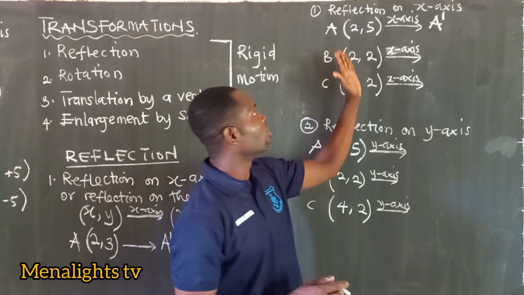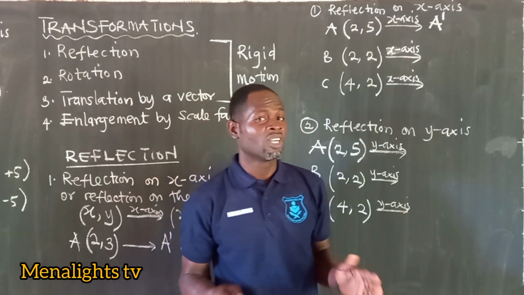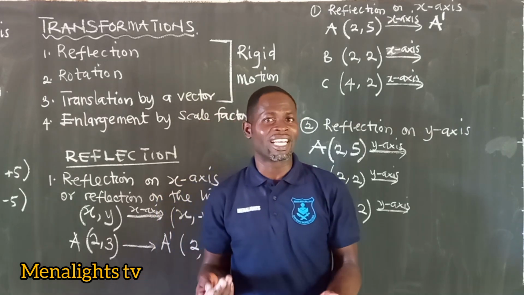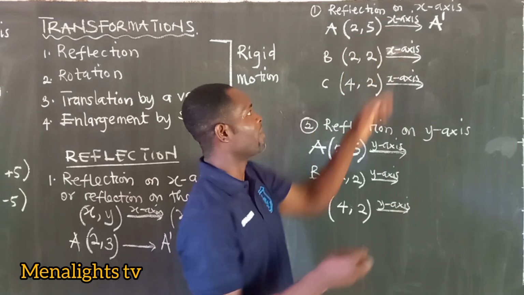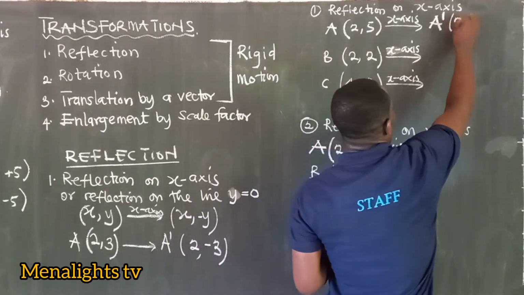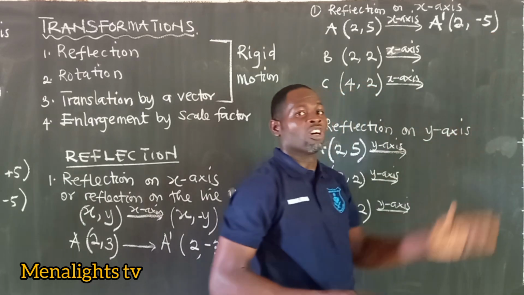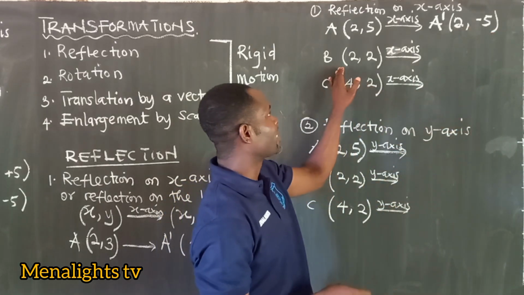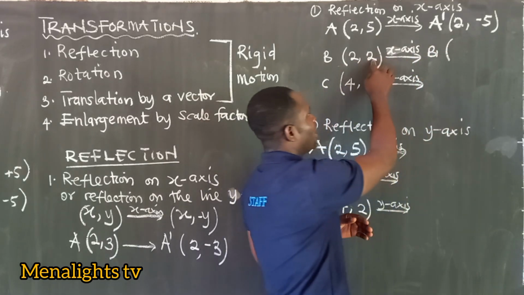Reflection on the x-axis is the same as the line y is equal to 0, and there the y-coordinates are negated. So when you have the first one (2, 5), it becomes (2, -5), because the 5 belongs to the y-axis. So because of that, it's negated.